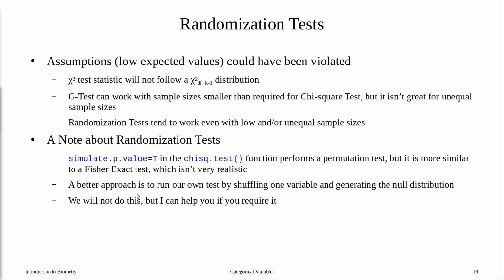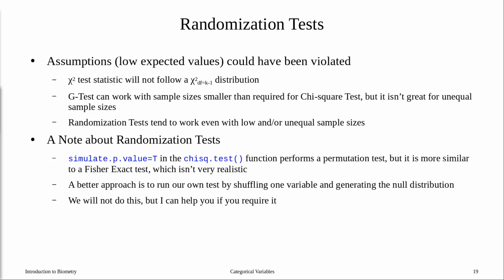We obtain our p-value by comparing our observed test statistic to our null distribution. I don't have a script for this because we normally just do it by hand, and we're not going to do it in this class. So if you ever need to do a randomization test, come talk to me, and I'll help you do it.